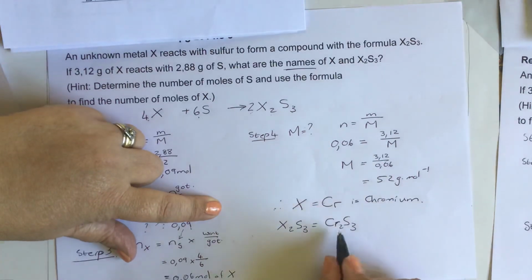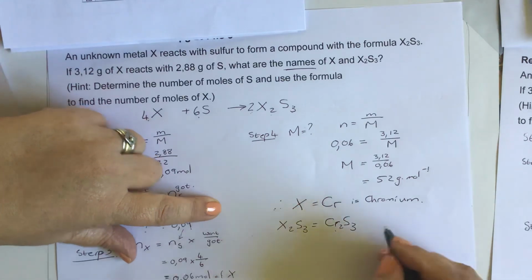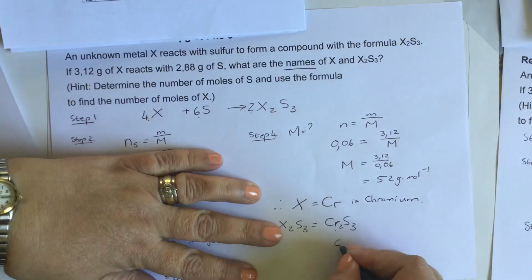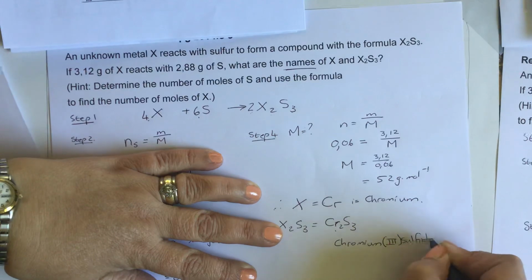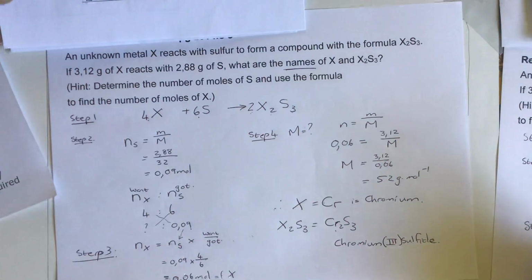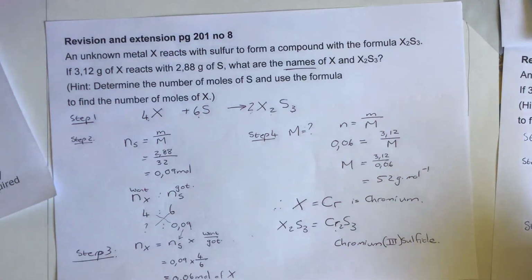And therefore Cr2S3 is going to be chromium(III) sulfide. I hope that helped you in getting to these answers and just revising the method that we follow with stoichiometry.